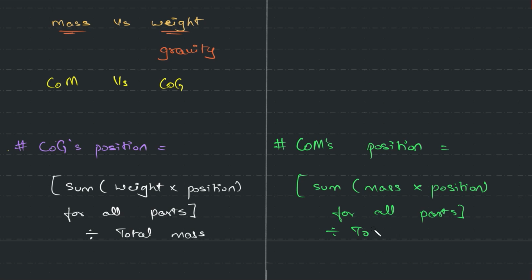Sorry, oh my bad, this is total weight for center of gravity, not mass. Okay, so this is the basic difference between center of gravity and center of mass. Here it's weight, here it's mass.